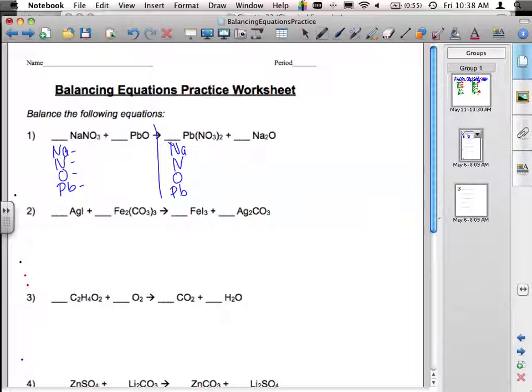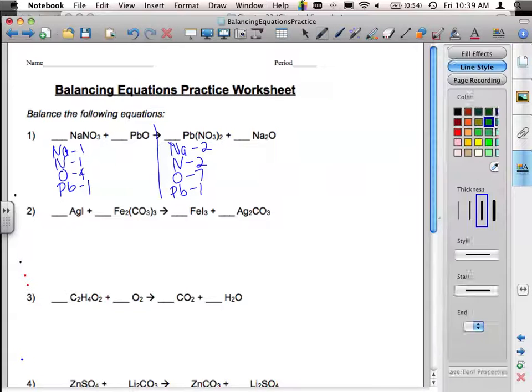On the reactant side, how many sodium? Nitrogen? Oxygen? 4. Lead? 1. Okay, over on the product side, sodium? 2. Nitrogen? 2. Oxygen? 7. 2 times 3 is 6, plus there's 1 over here. Okay, lead? 1. Good. Okay, now we need to start balancing.